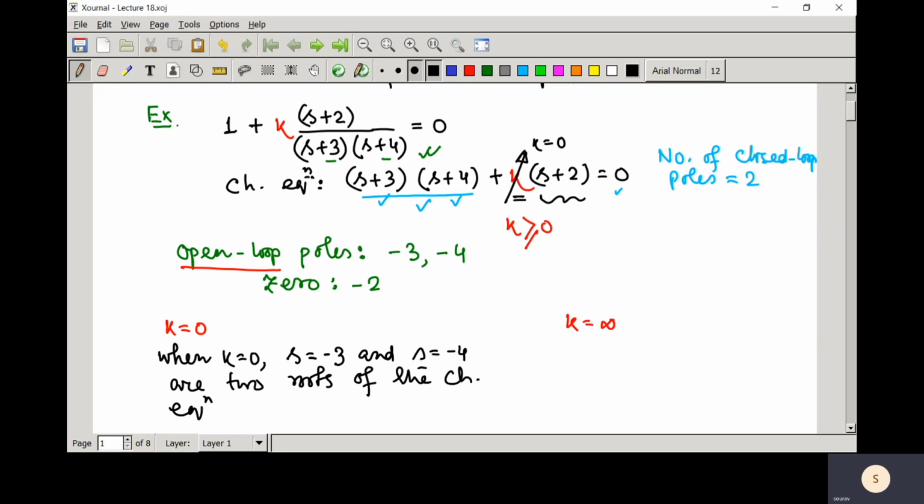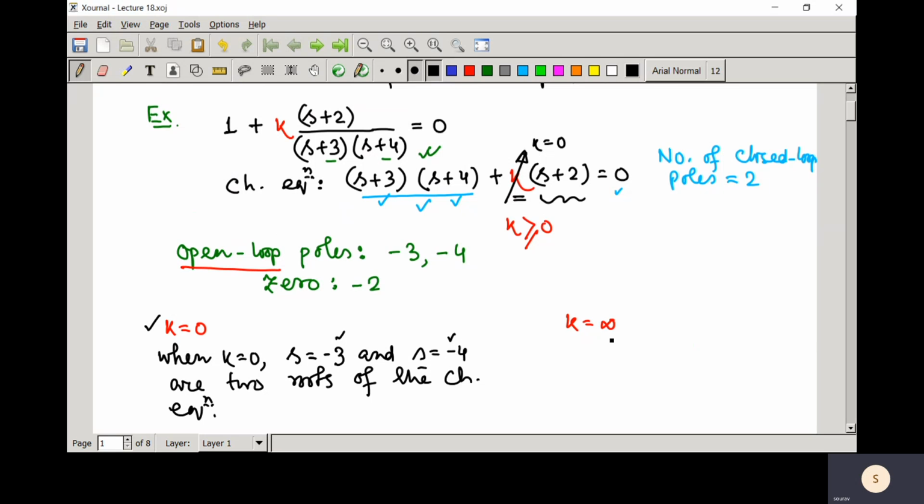That means these are the two poles of the closed loop system. So it is very interesting: when K equals 0, the root locus starts from the open loop poles.